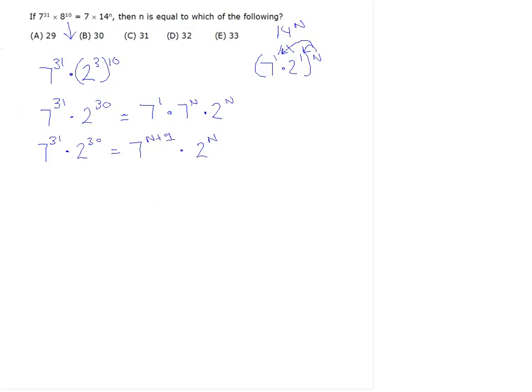Well, what's different here now is we actually have a base of 7 on the left and a base of 7 on the right with an n. And then we have a base of 2 on the left, which I'm highlighting in green, and a base of 2 on the right. But notice we can't cancel any of those bases out.